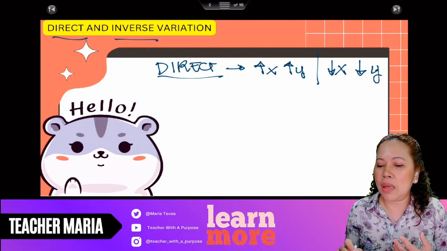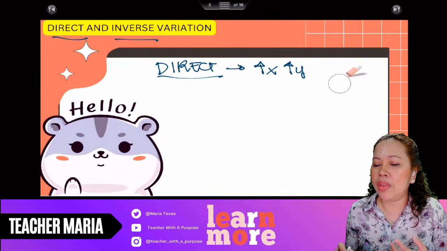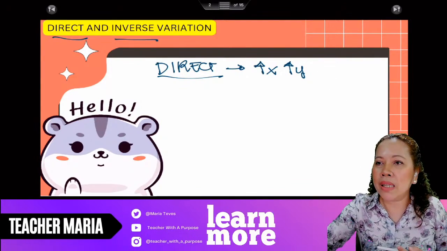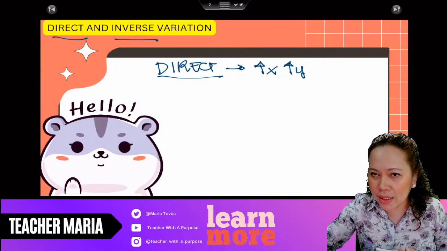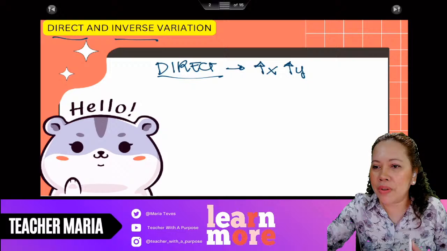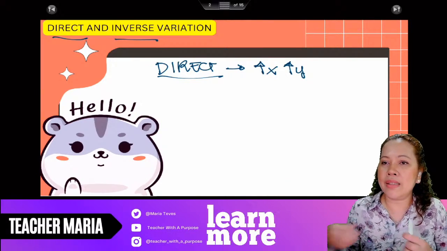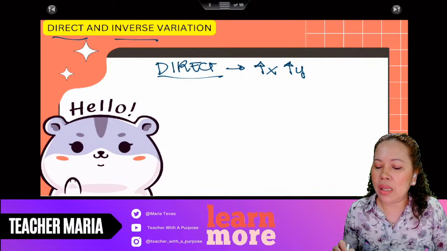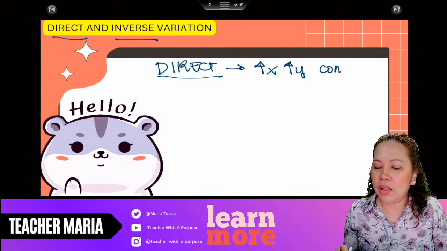So there is a direct variation between the two. When we say direct variation, one increases and the other increases, that means that there is a constant rate. The increase of the two is constant.